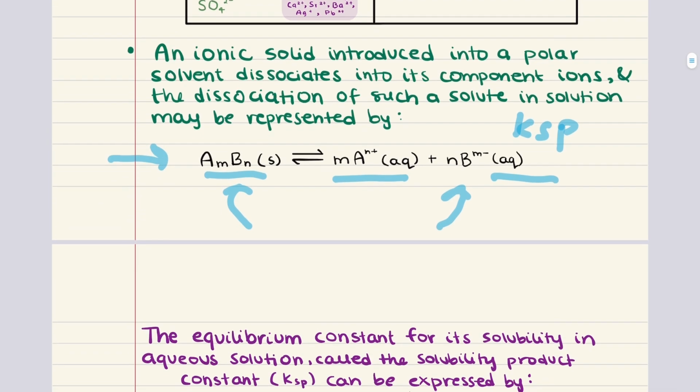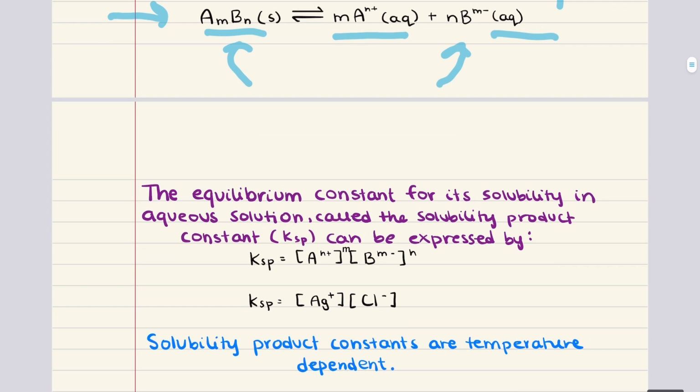At equilibrium, the concentrations of the ions are related through the solubility product constant, or Ksp. The key point is that solids are not included in the equilibrium expression because their concentration is considered constant.